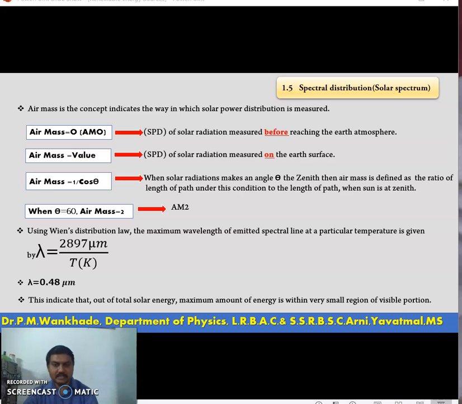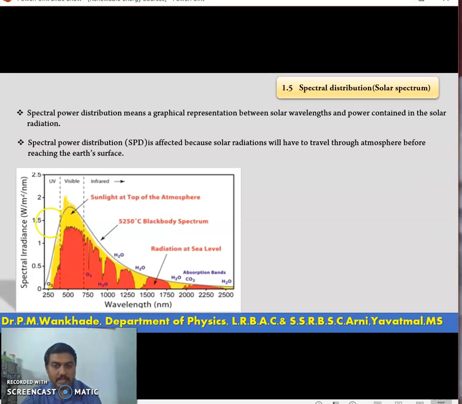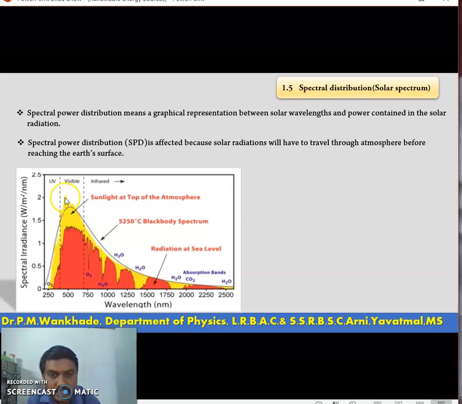This indicates that out of the total solar energy, the maximum amount of energy is within a very small region of the visible region, which is indicated by the previous graph, that is, maximum energy lies in the visible region.